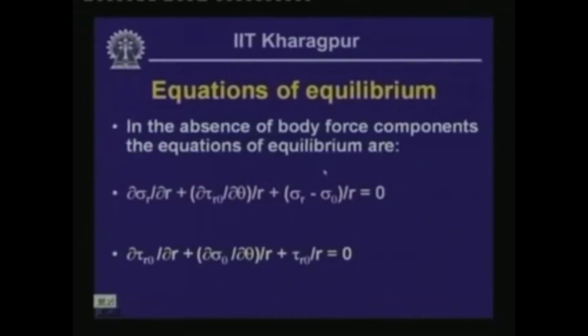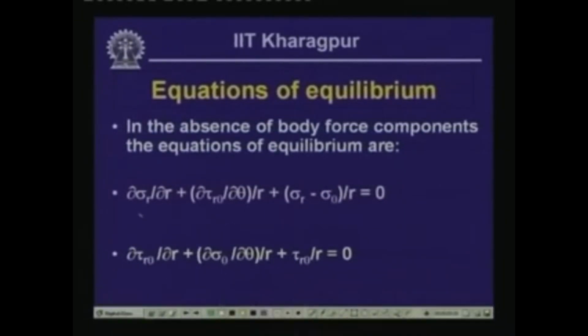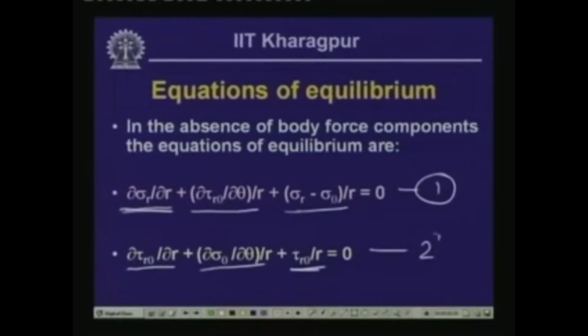Now, these are the equations of equilibrium, and please note that in this particular case we have not accounted for the components of the body forces, both in the radial and circumferential direction. We have neglected the body forces. Hence, ∂σr/∂r + (1/r) ∂τrθ/∂θ + (σr − σθ)/r = 0 is the first equation of equilibrium, and ∂τrθ/∂r + (1/r) ∂σθ/∂θ + τrθ/r = 0 is another equation of equilibrium.